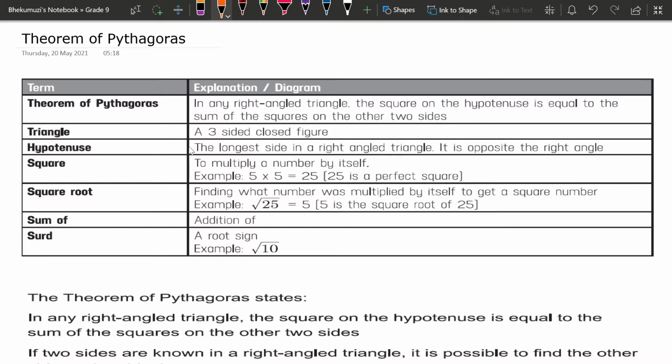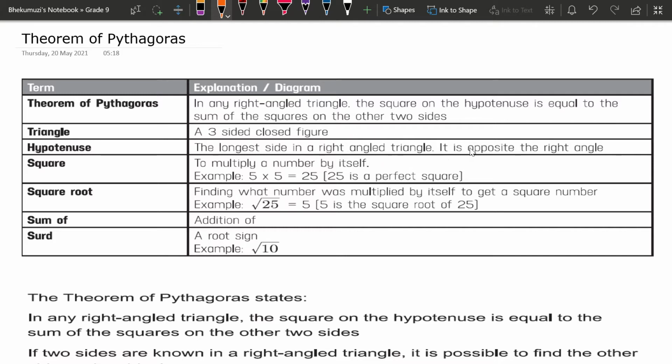Even in the theorem itself, it does state in any right angled triangle, not just any triangle like an isosceles triangle or an acute triangle or anything else, right? It says a right angled triangle. So this should tell you that the only time you use the theorem of Pythagoras is when you have a right angled triangle. So you need to be able to identify a right angled triangle.